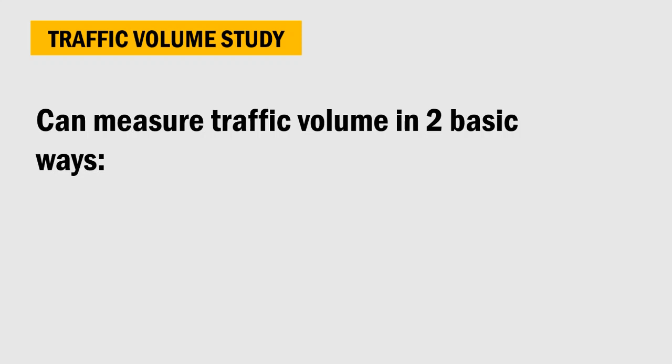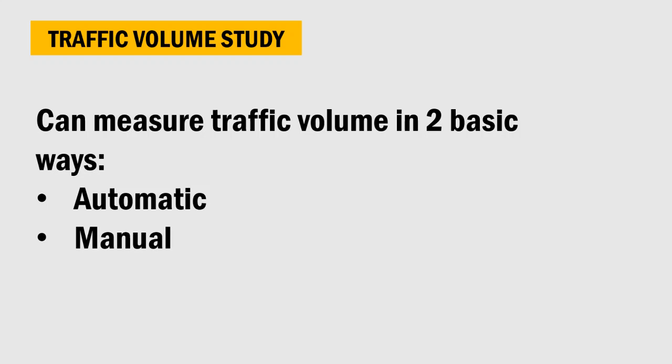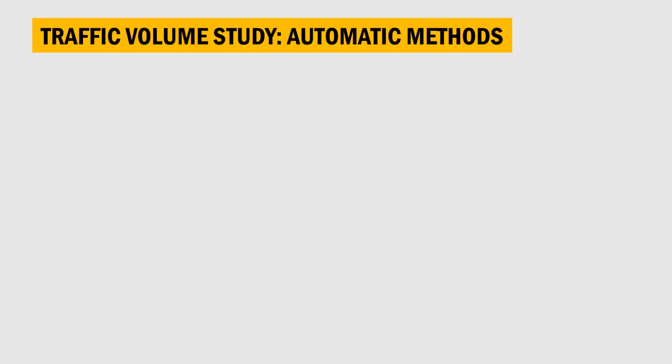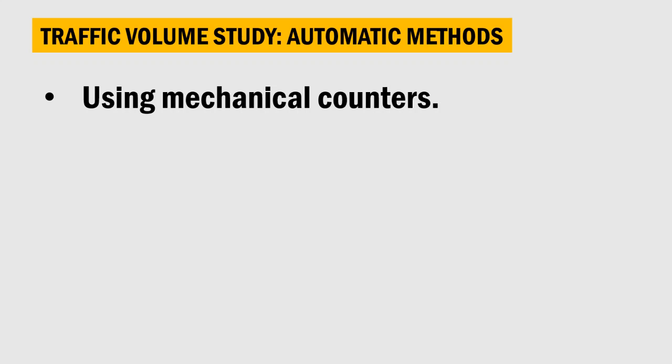We can conduct traffic volume studies in two basic ways. We have the automatic method and the manual method. To conduct a volume study using the automatic method, we use mechanical counters fitted in roadways.